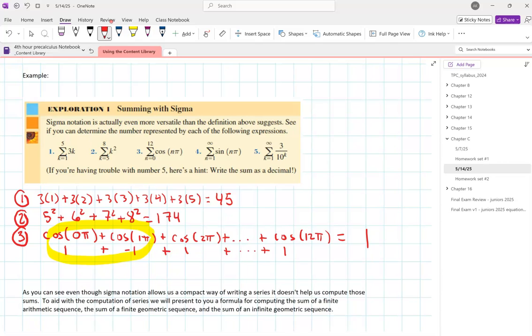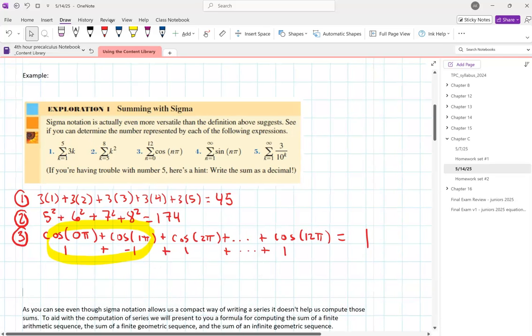You could type that all into your calculator also, but I'm going to use my excellent trigonometry skills. If you didn't remember that, you could certainly have typed it into your calculator. It would have been no problem.